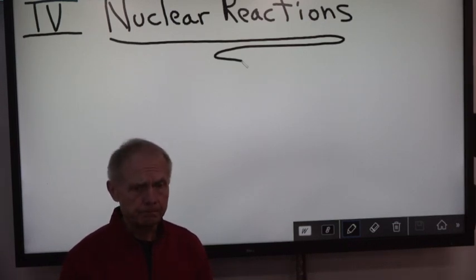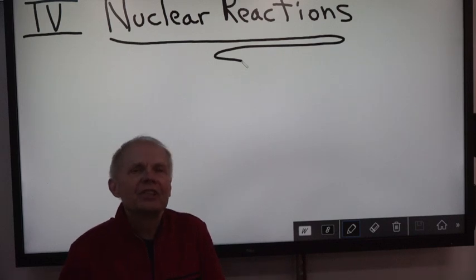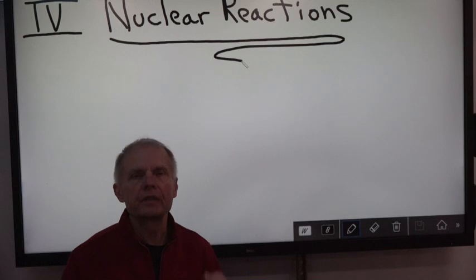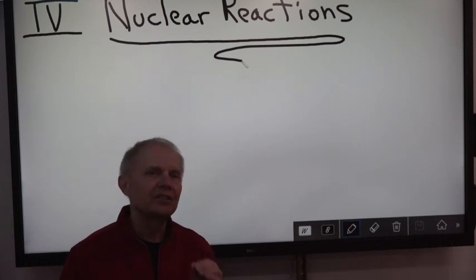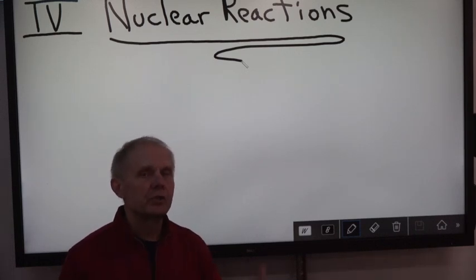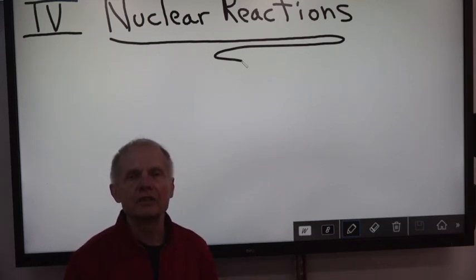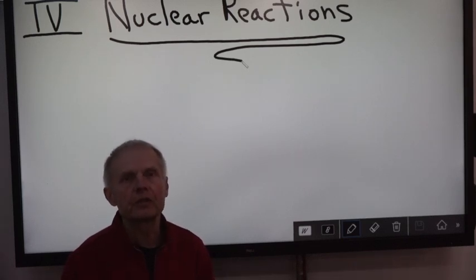So, where do we get those things to hit the stable isotope with? That is where we're going to start. And these things that produce all these little subatomic particles that smash into the stable isotope's nucleus, they are created from particle accelerators. And that's where we're going to start today.